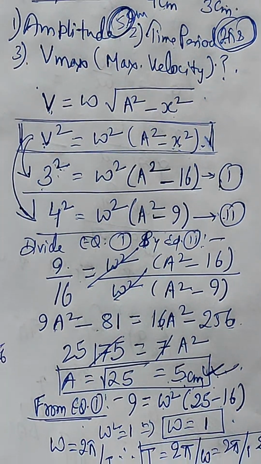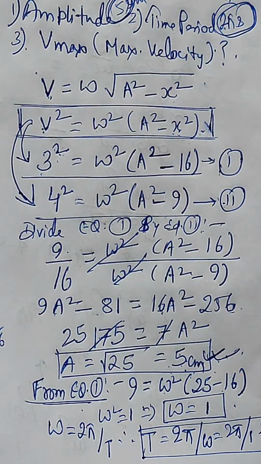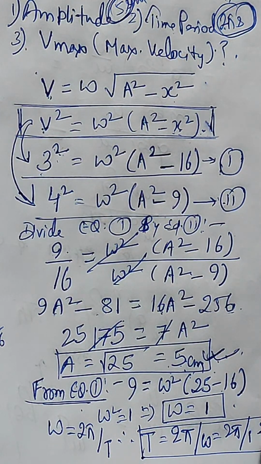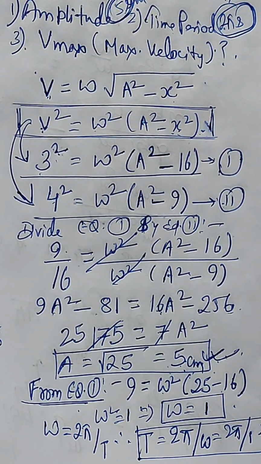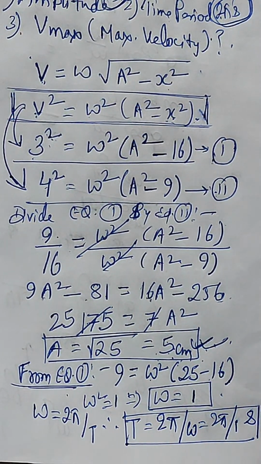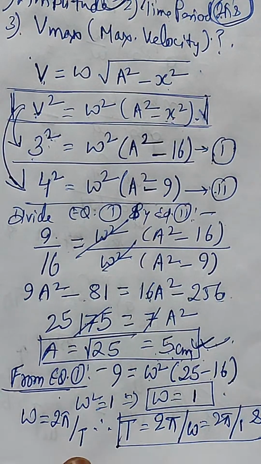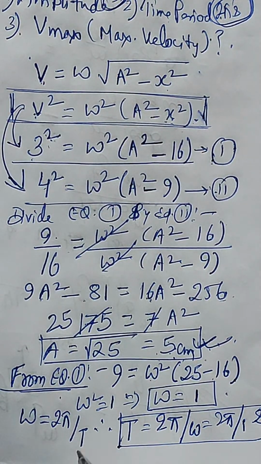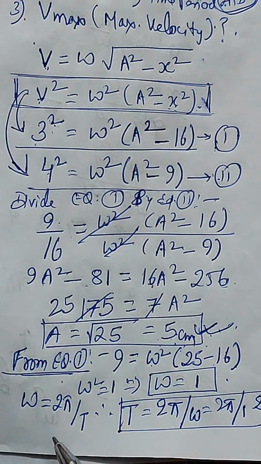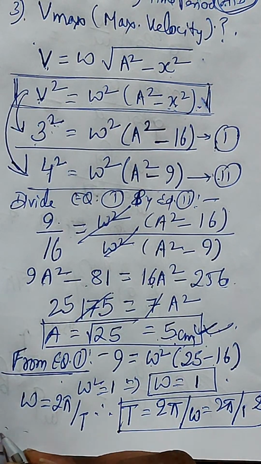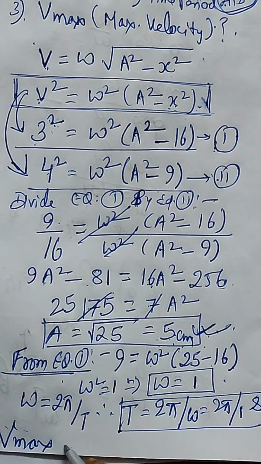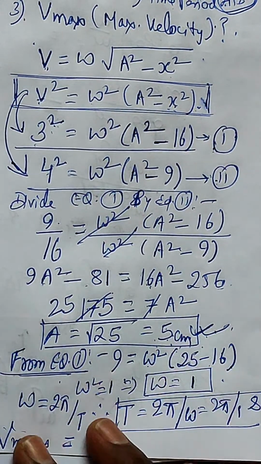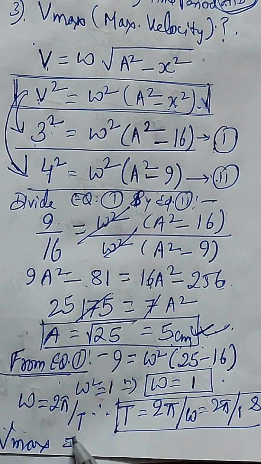Now the third part of this question is, what is the Vmax? Velocity will be maximum when the displacement is 0 over here, right? So Vmax can be calculated, for the third part, at x equal to 0.